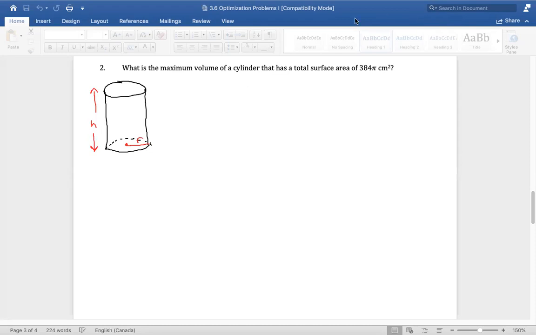So that's where we can do our let statements. What variables are we going to use and define our variables? So again, you could use X and Y like I did in the first example, but let's say to use something other than X and Y, if I used our radius, we just always think of R, right? So might as well use that. Let R represent the radius, obviously of the cylinder, but what are my units?